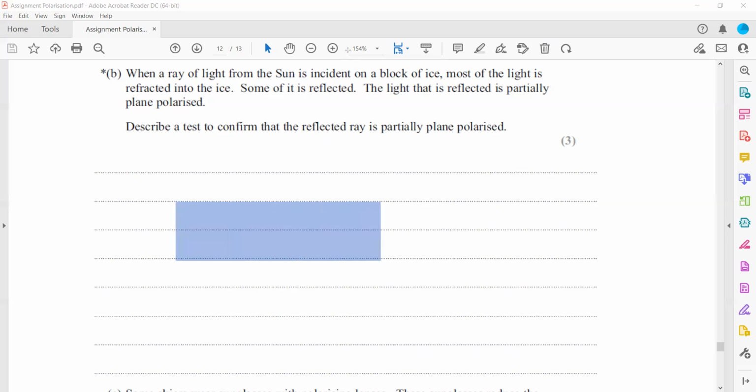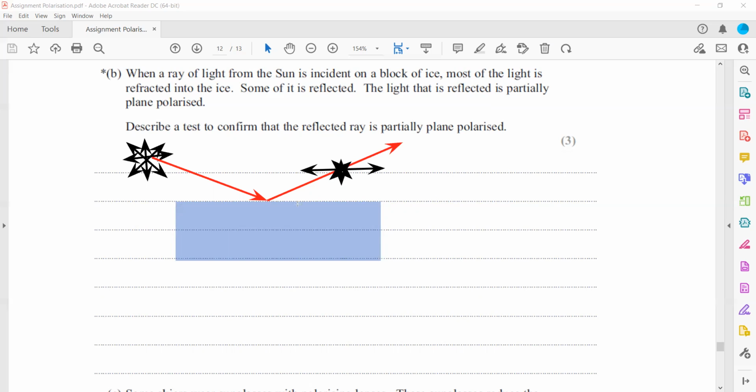So what they're saying, the light which is reflected from the surface, as a result of reflection, the light can be polarized. So what will happen when the light strikes and bounces back? This is partially plane polarized. Other components are reduced.